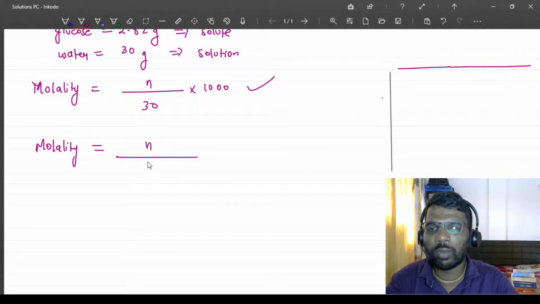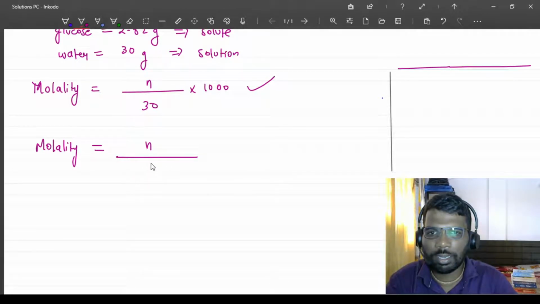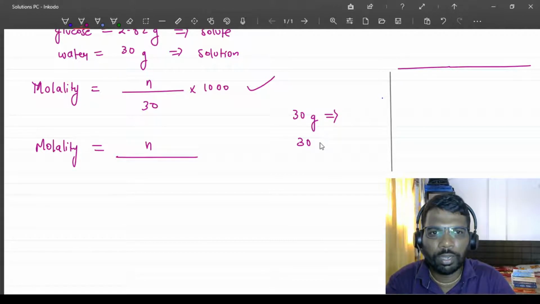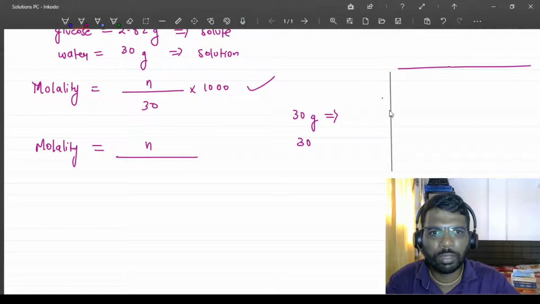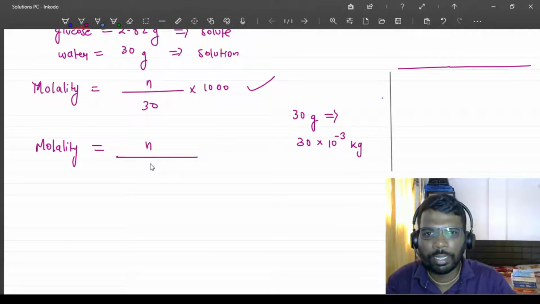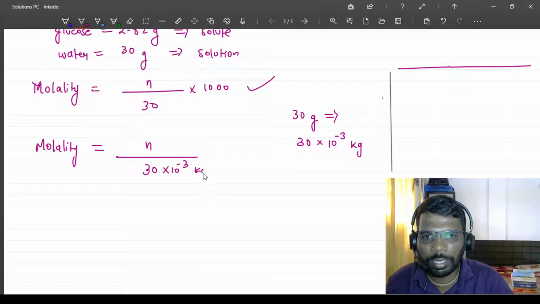You can directly convert to kg: 30 grams is 30 into 10 raised to power minus 3 kg, right?